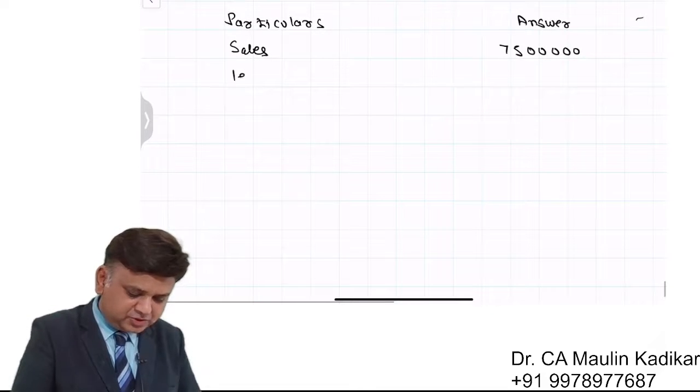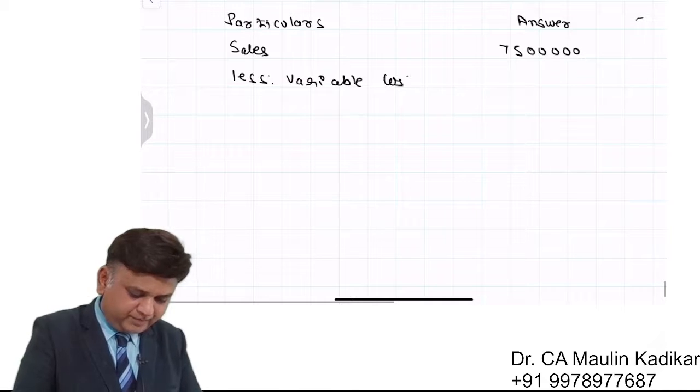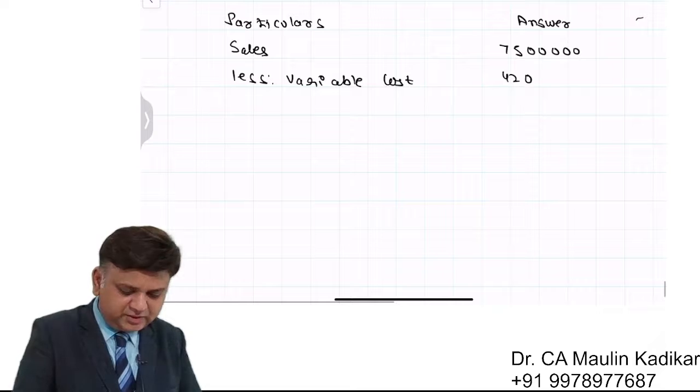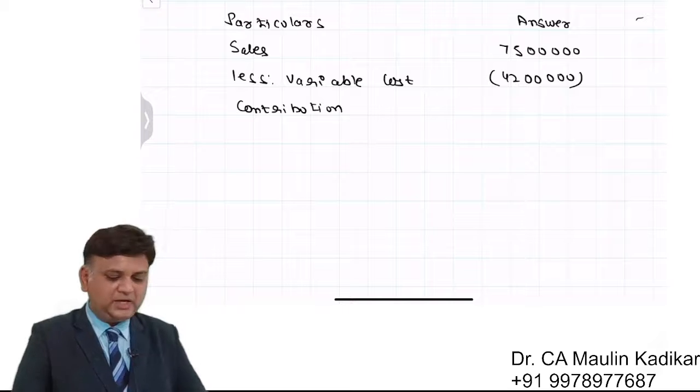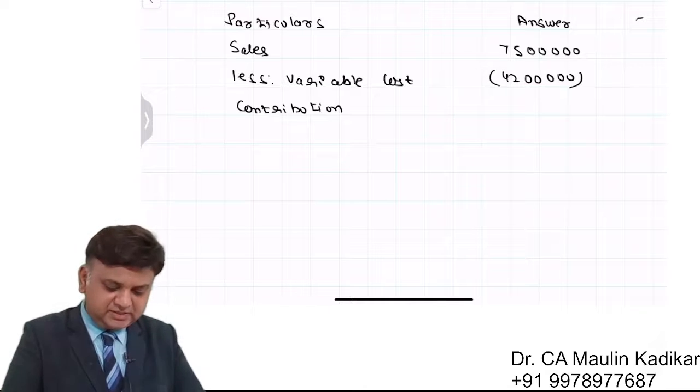Less variable cost. Amount of the variable cost is 42 lakhs. So this is the point at which we generally compute contribution. The amount of the contribution is 33 lakhs.